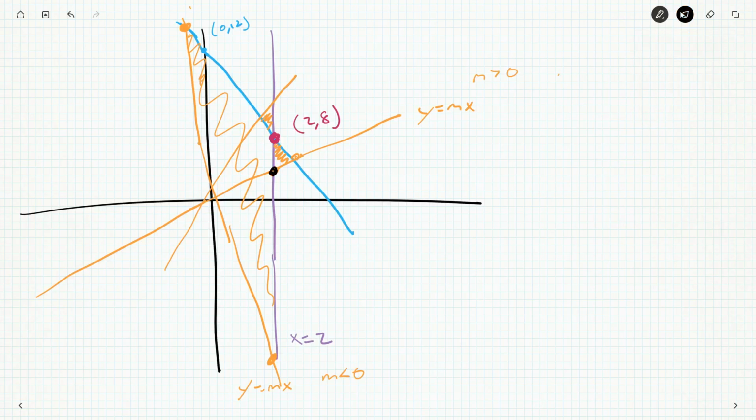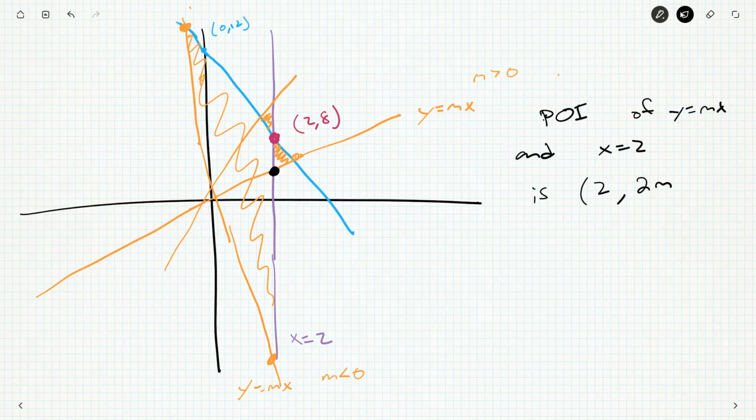So what are these intersection points? Well, the intersection of y equals mx and x equals 2 is, you guessed it, x is 2, and then y will just be 2 times m. Okay, that one is not particularly interesting.